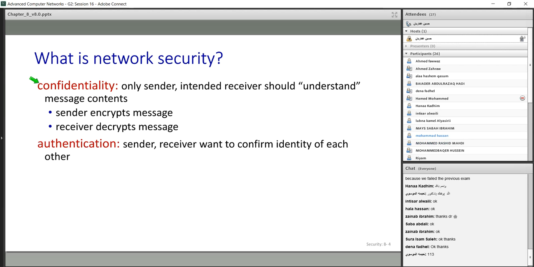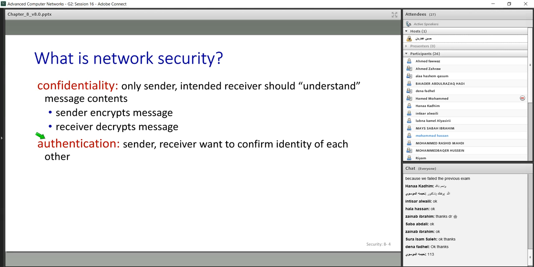We have another aspect too, authentication. What is authentication? For example, here, how can I understand Ahmed Faiz himself? Maybe someone else enters into the class and types the name Ahmed Faiz. So how should I understand that Ahmed Faiz is my student in this class?